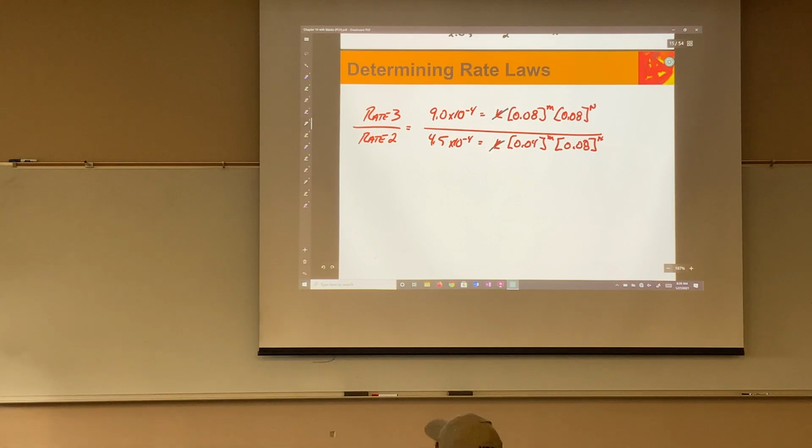K cancels out, 0.08 to the N, 0.08 to the N. 9 divided by 4.5 is equal to 2. 0.08 divided by 0.04 is 2 to the M, so M is equal to 1. Got it?